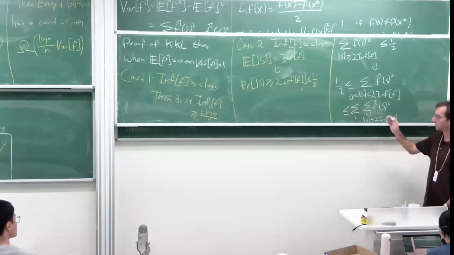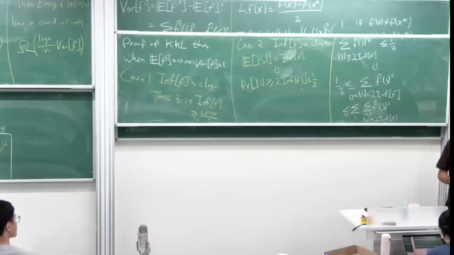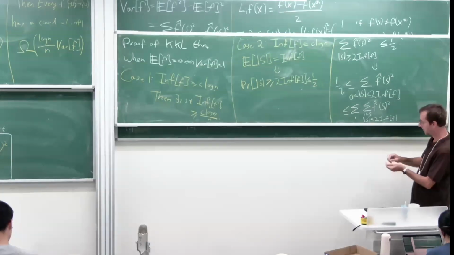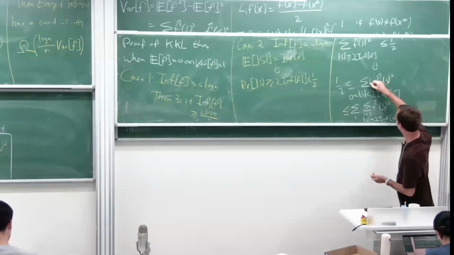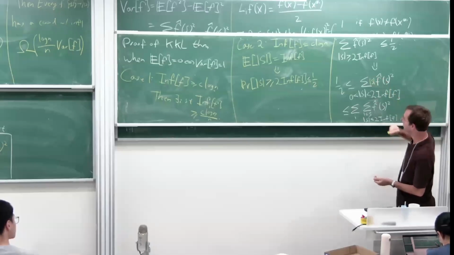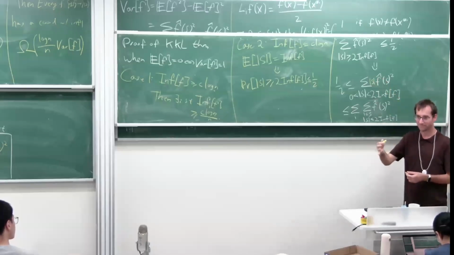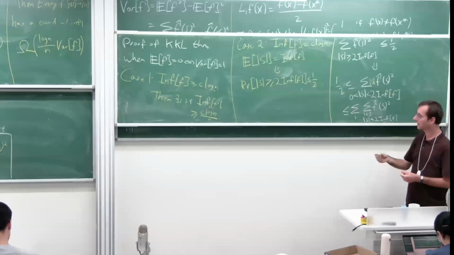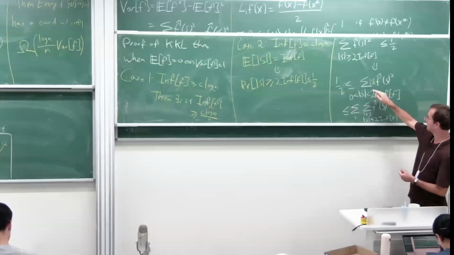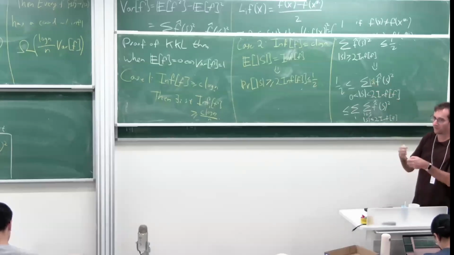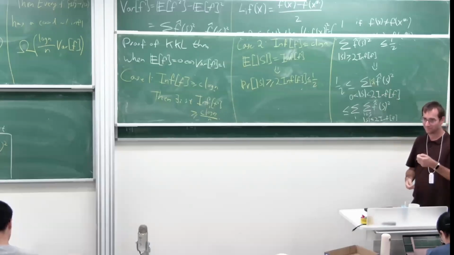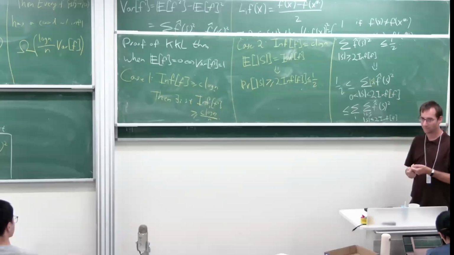So maybe it's also clear why I would do such a thing. What I'm saying is I'm adding this thing here, so it can only increase the sum. And then I'm decomposing it into all the i's in S. So this is like in the calculation of the total influence.